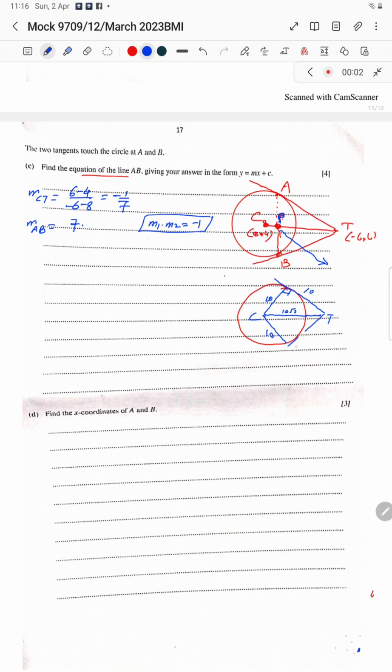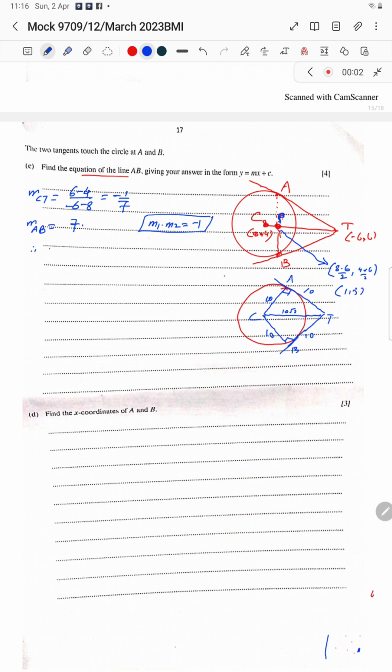You will find this 10 as well, by using the Pythagoras theorem in both cases, right? So it seems to be a square or a rhombus. So this point P will be the midpoint of CT, and that gives me 8 minus 6 by 2 and 4 plus 6 by 2, which should be 1 and 5.